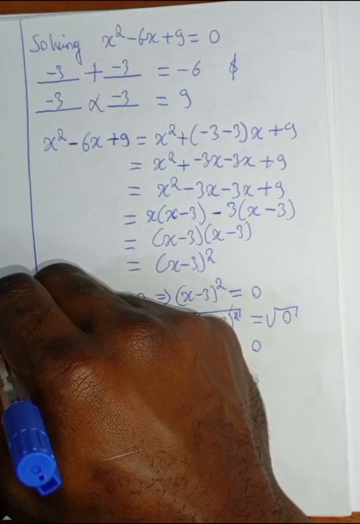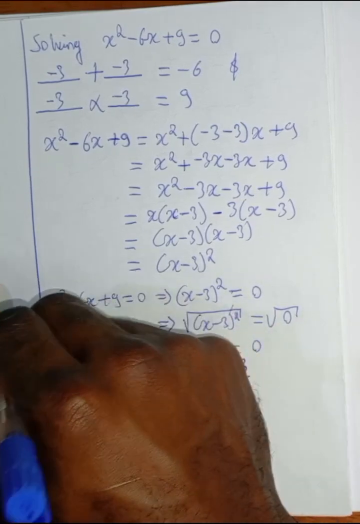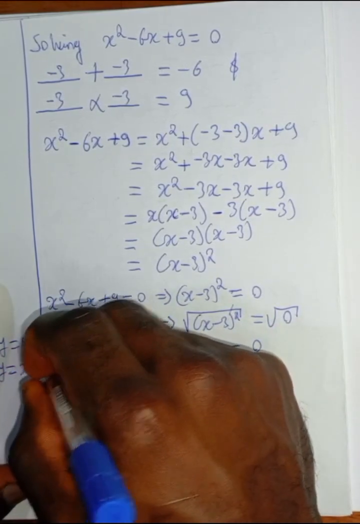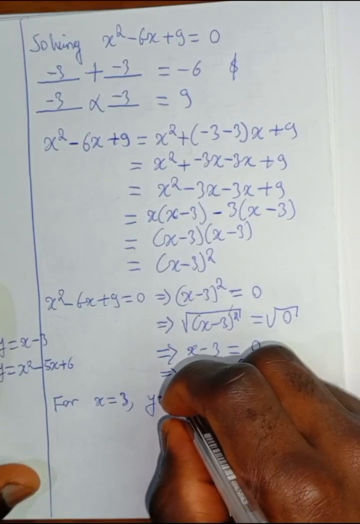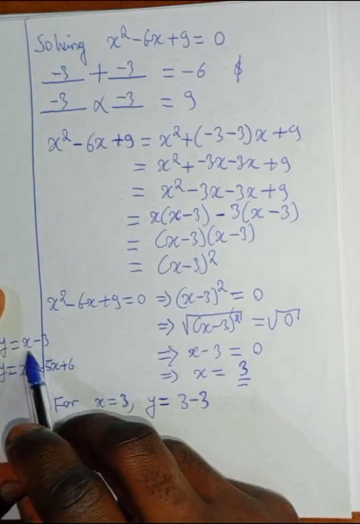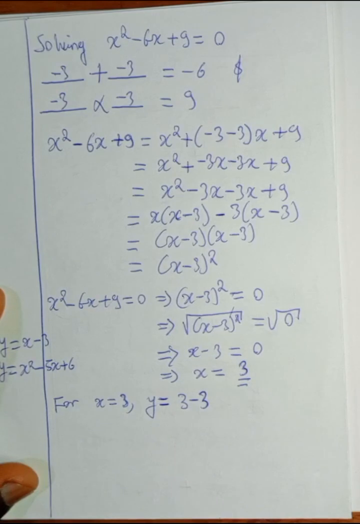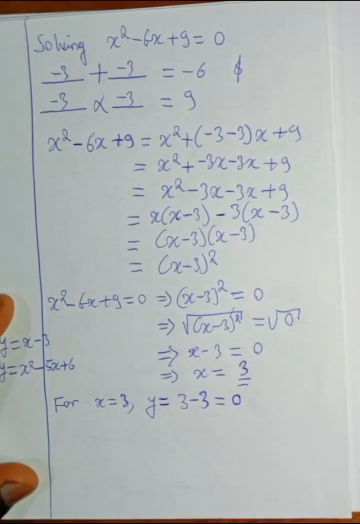Remember, the equation of the line is y equal to x minus 3. The equation of the curve is y equal to x squared minus 5x plus 6. If you replace it in the equation of the line, this will be equal to 3 minus 3. It's very easy to make use of the equation of the line, because the degree of x is simply 1. And this will be equal to 0.